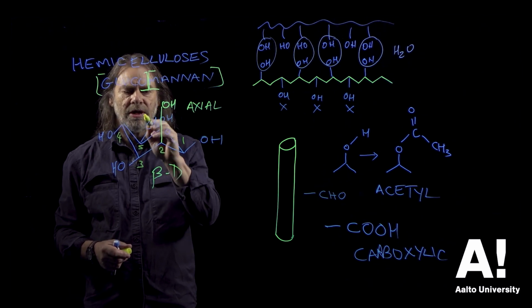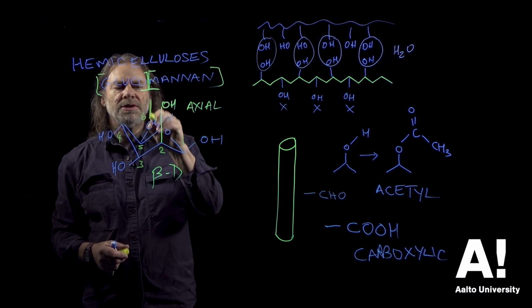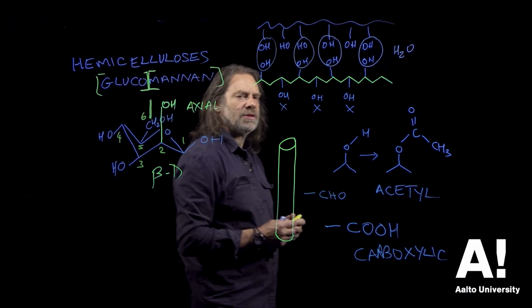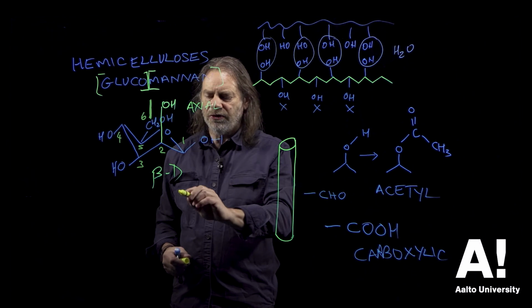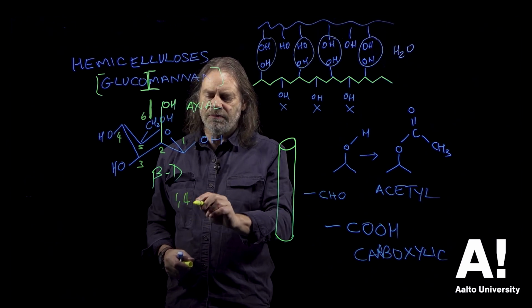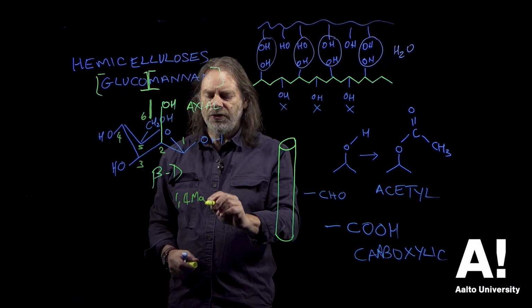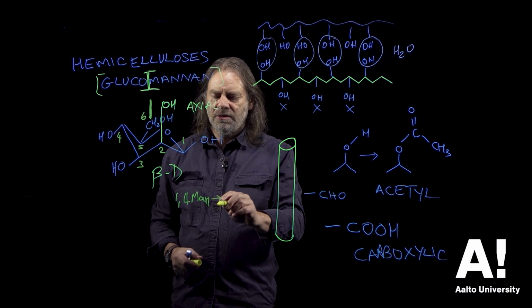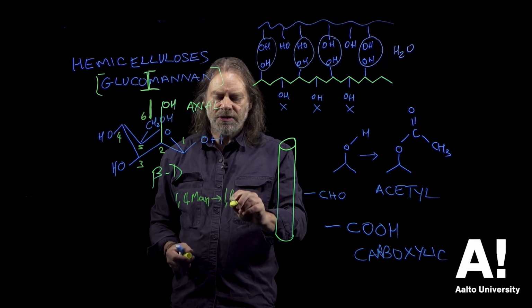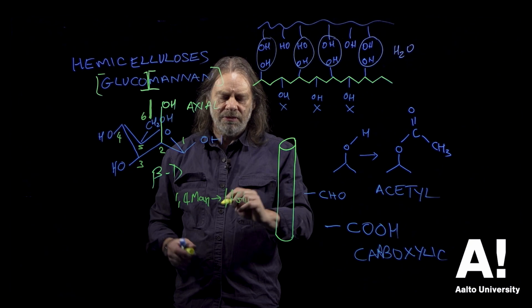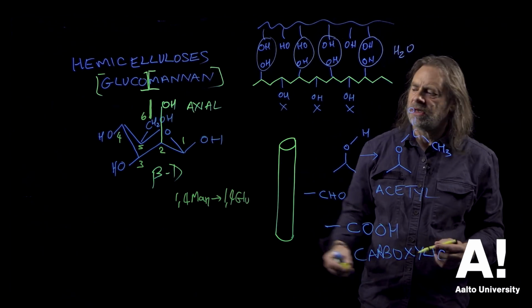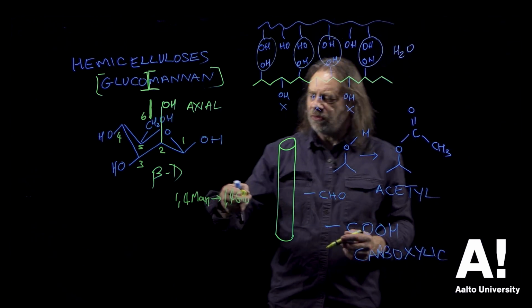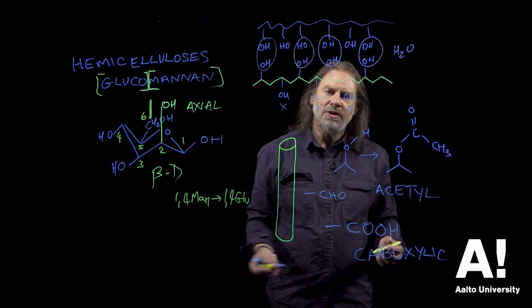I'm just numbering the carbons here. We can get branching at that position, the number 6 carbon. So we can get 1,6 bonds as well as 1,4 bonds. So we can have this sort of motif, maybe a 1,4 mannose, 1,4 glucose. I'm not drawing this out. There is a convention for writing this down, but again, that's one of the things you'll have to look up. So that would say, oh, I've got a 1,4 bond mannose to glucose.